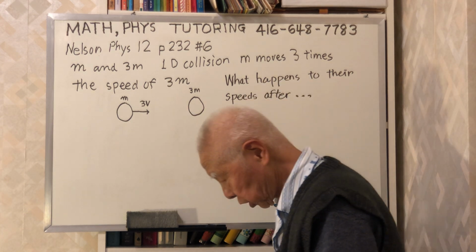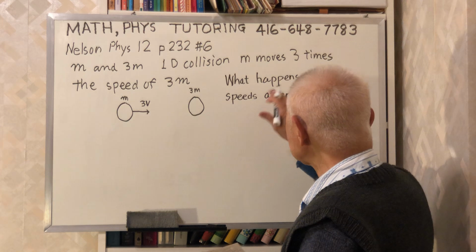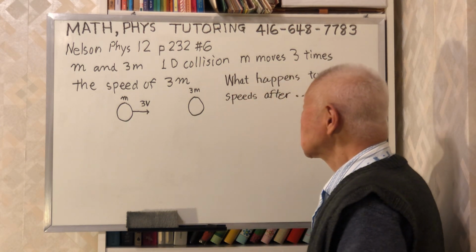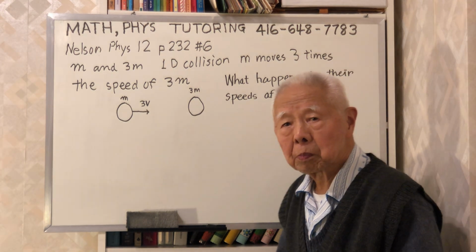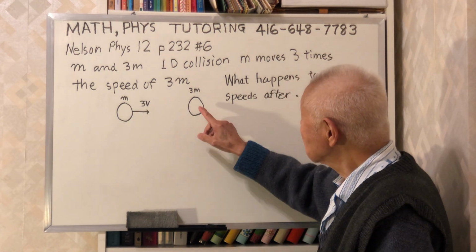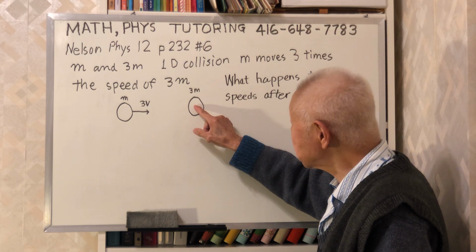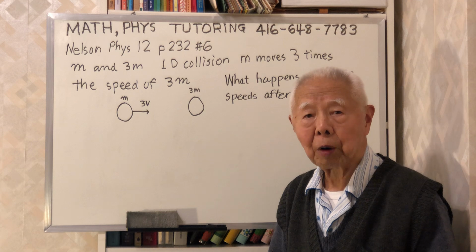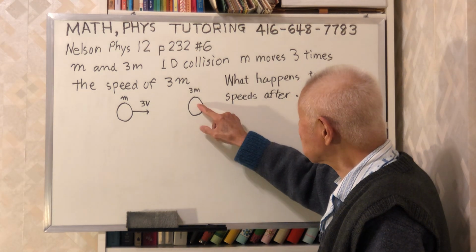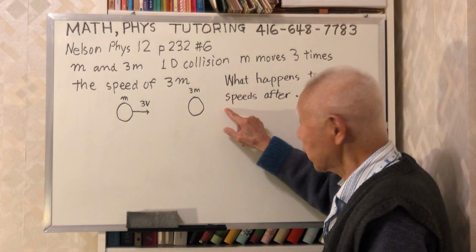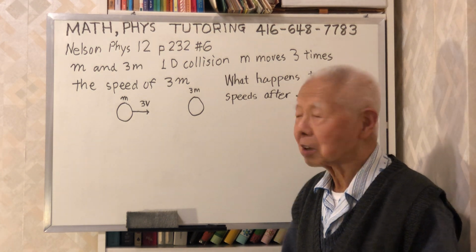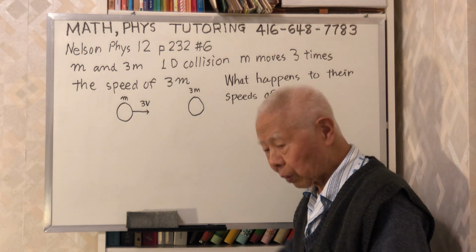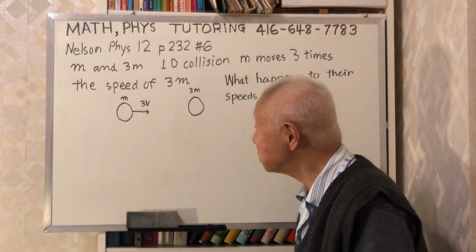And we want the speed afterwards. So I can assume this moves with v this way. That's one possibility. And this probably moves v this way. Okay, so I have 2 cases. The question doesn't say very clearly.